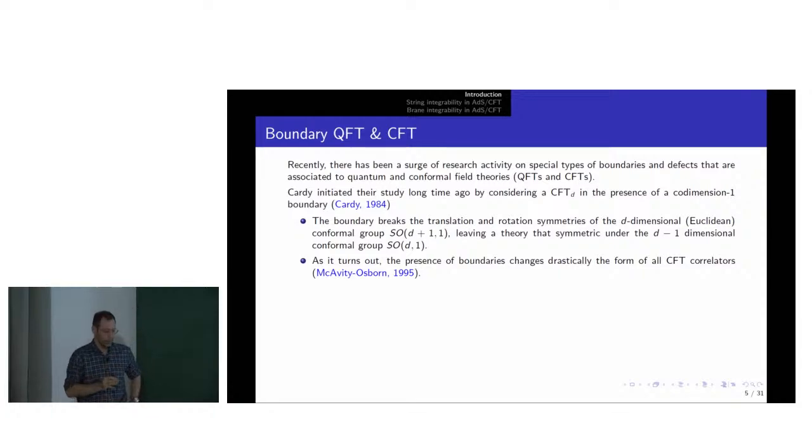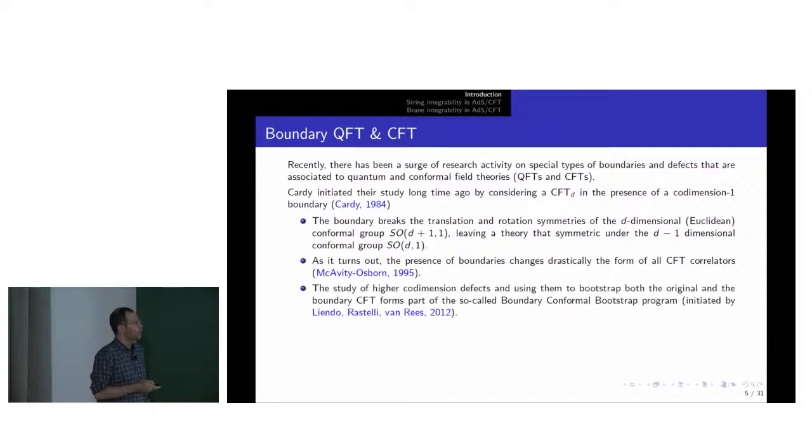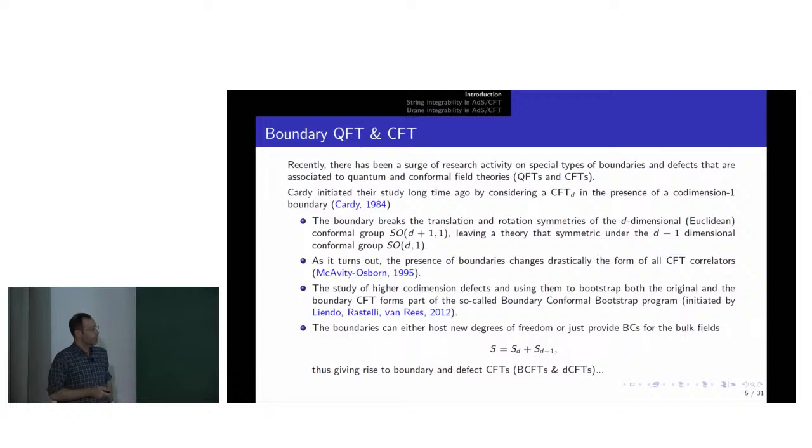We have a completely new set of conformal data in this case. And of course, the study of higher codimensional defects and the use of them to bootstrap both the original and boundary CFT are part of the conformal bootstrap program.